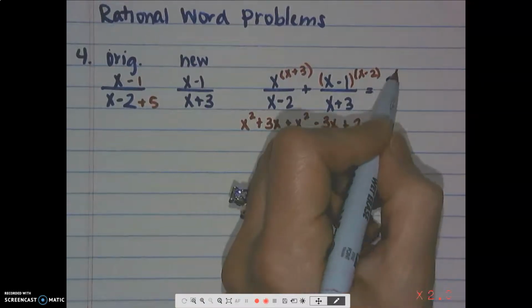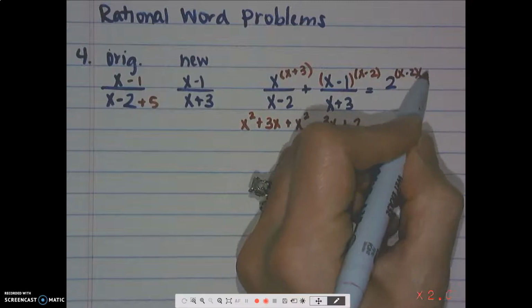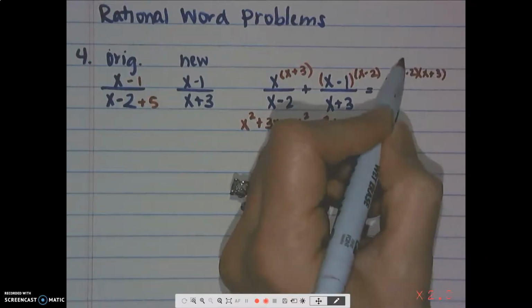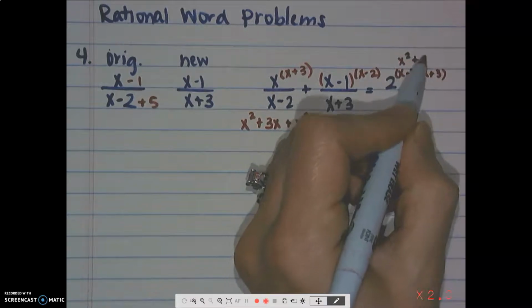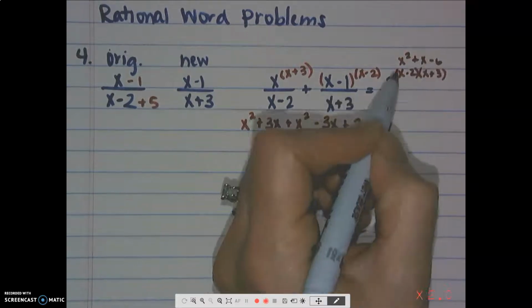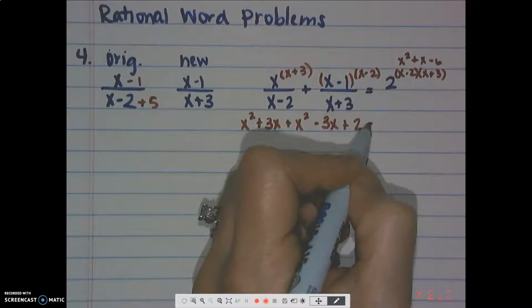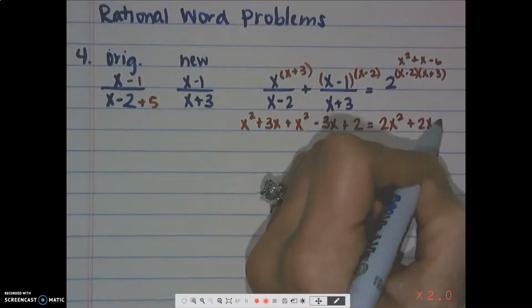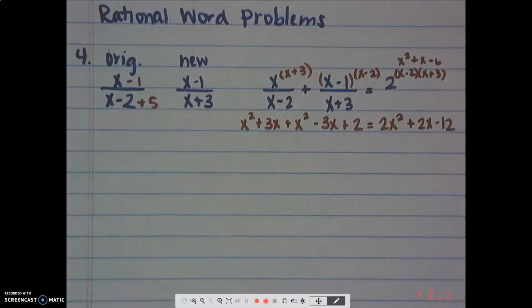And over here, we're missing both the x minus 2 and the x plus 3. So multiplying these two pieces together, we get x squared plus x minus 6. And then we're going to distribute that 2 to each of those. So we would have 2x squared plus 2x minus 12.